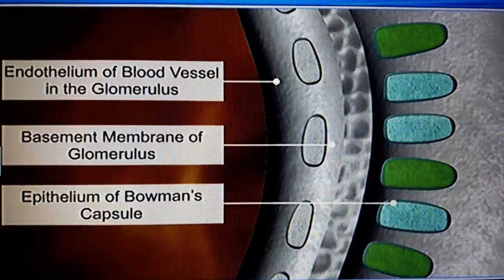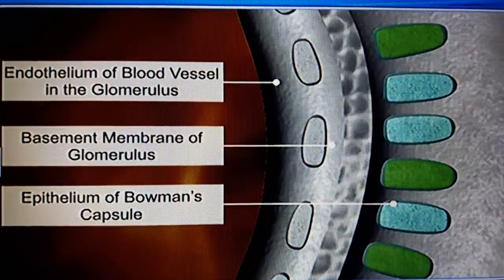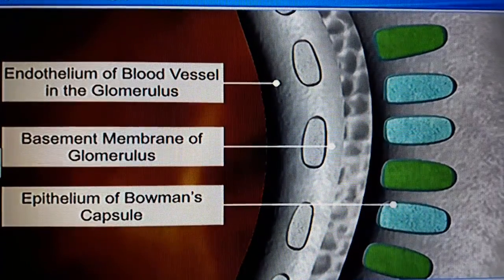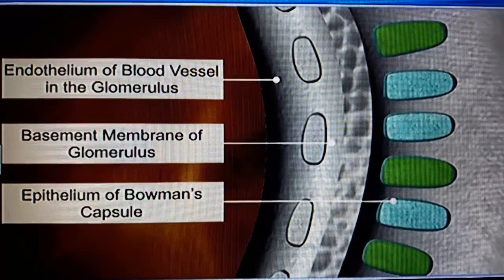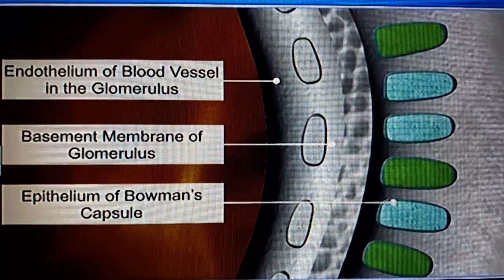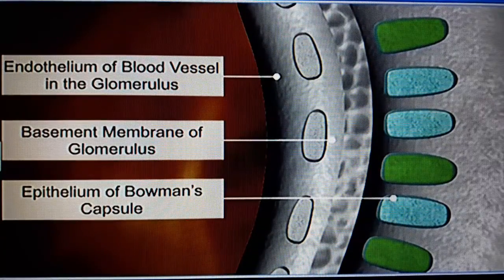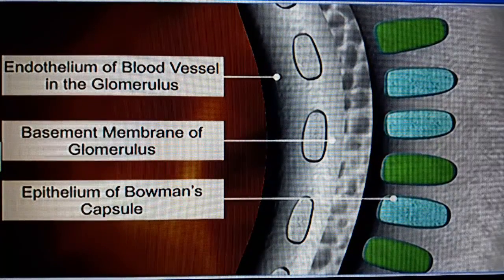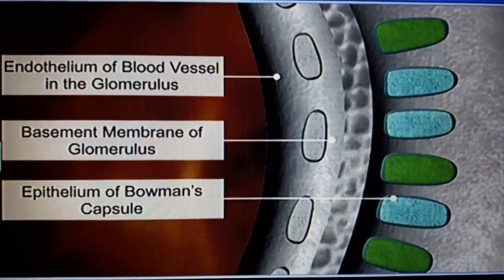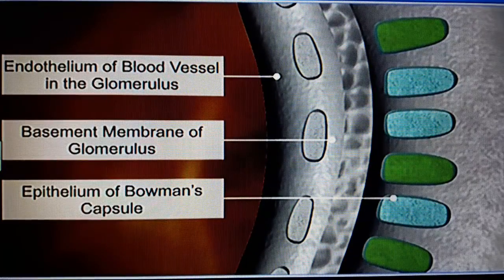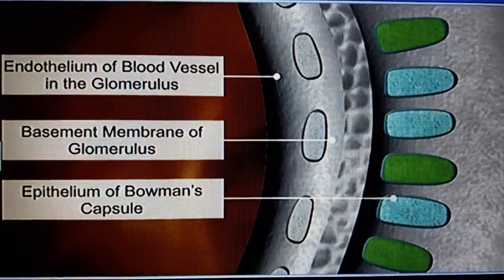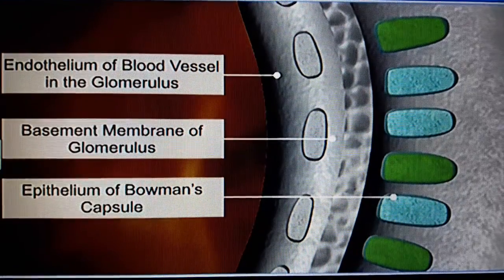For this ultrafiltration to occur, blood from the afferent arterioles passes through three barriers. These three barriers are the endothelium of blood vessels in the glomerulus, the basement membrane of the glomerulus, and the epithelium of Bowman's capsule.